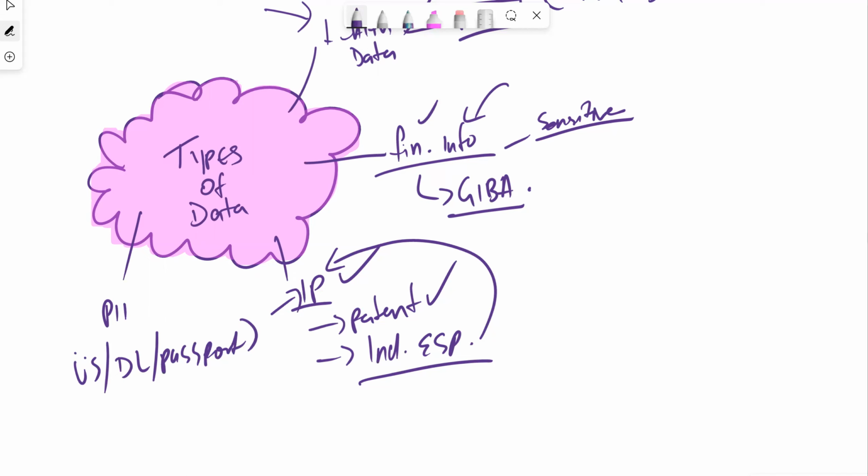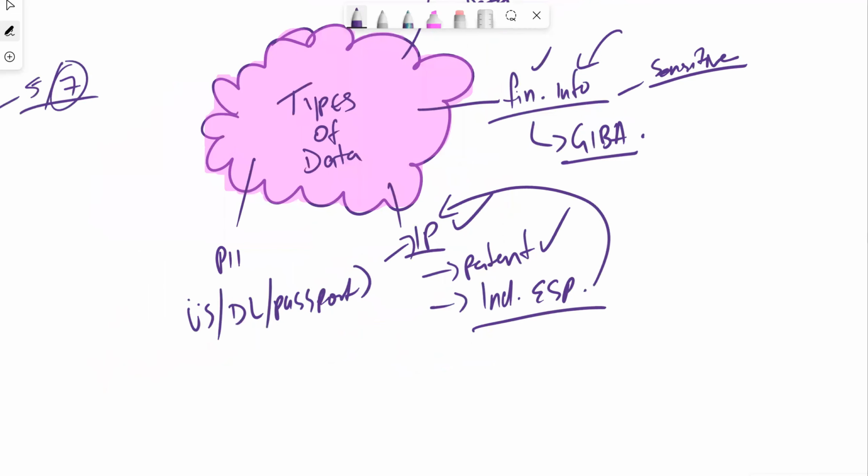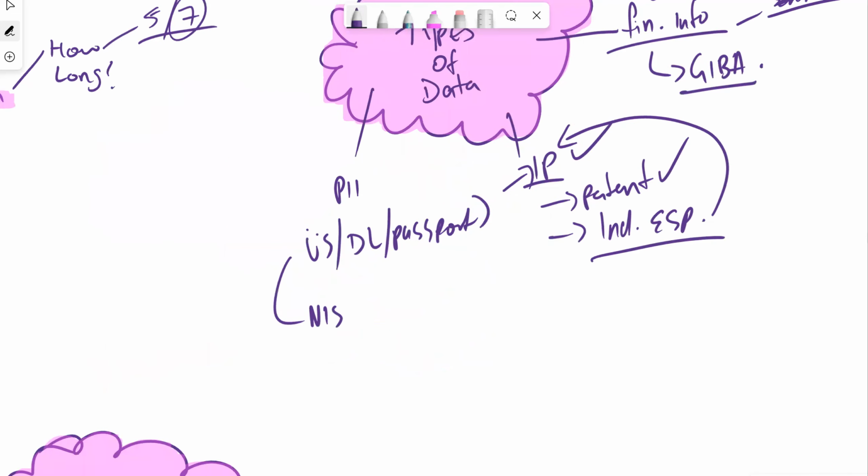NIST have come out with their own special publication. NIST is the National Institute of Standards and Technology, and they put out special publications. So if I just write it out here, they have a special publication which is called the 800, I think it's the 122, which looks at the guide to protecting the confidentiality of personally identifiable information.